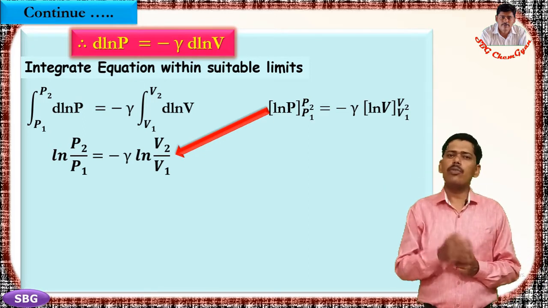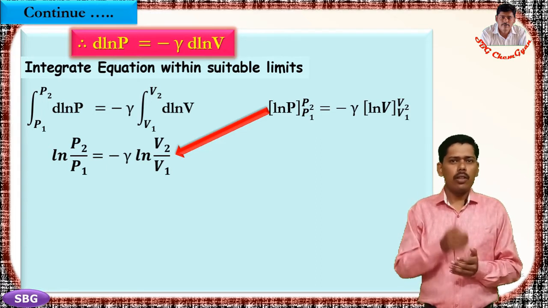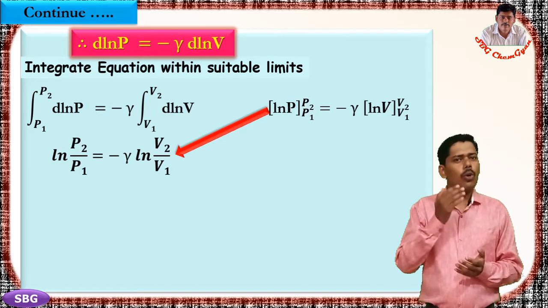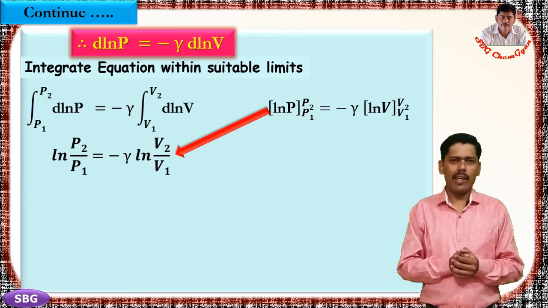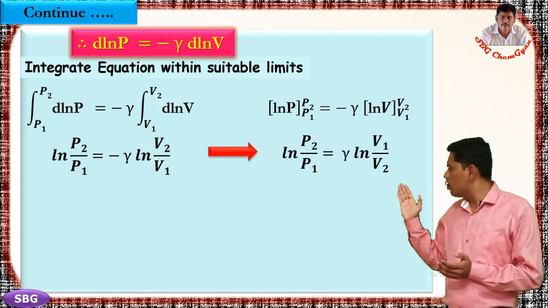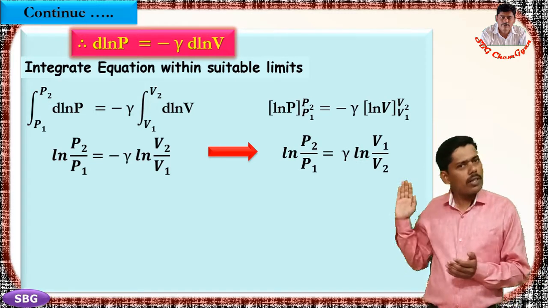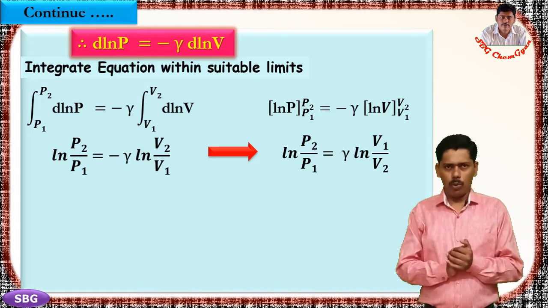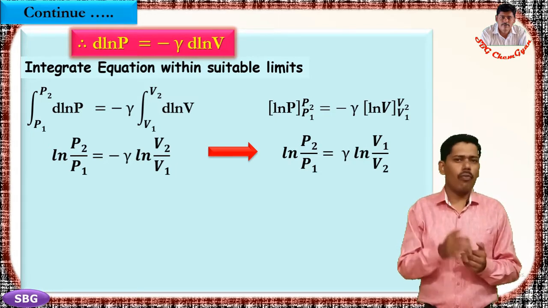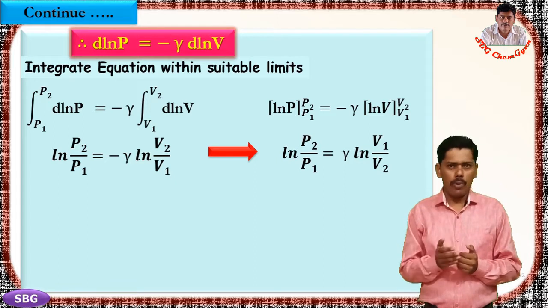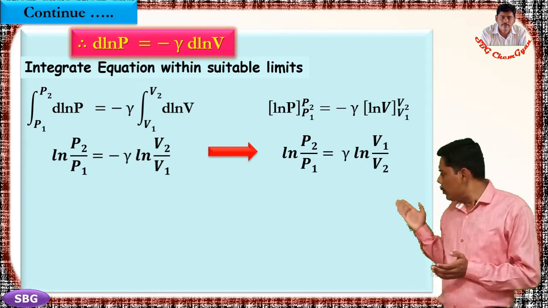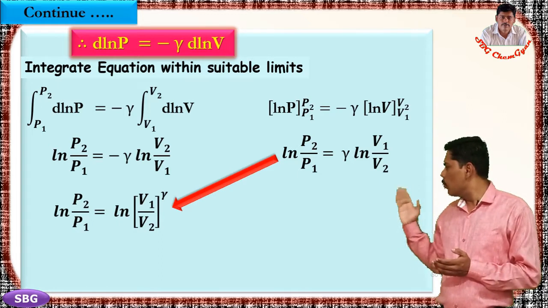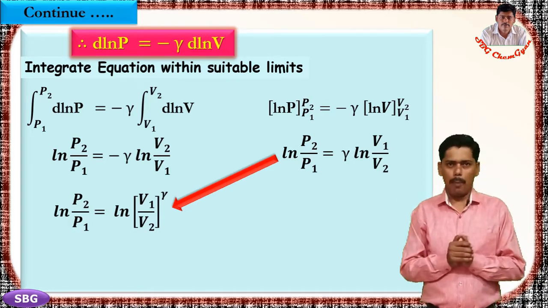We remove the negative sign from the right side by inverting V2 by V1 to V1 by V2. Then we get ln P2 by P1 is equal to gamma into ln V1 by V2. Move the gamma in power of volume, that is V1 by V2, then we get ln P2 upon P1 is equal to ln V1 by V2 raised to gamma.